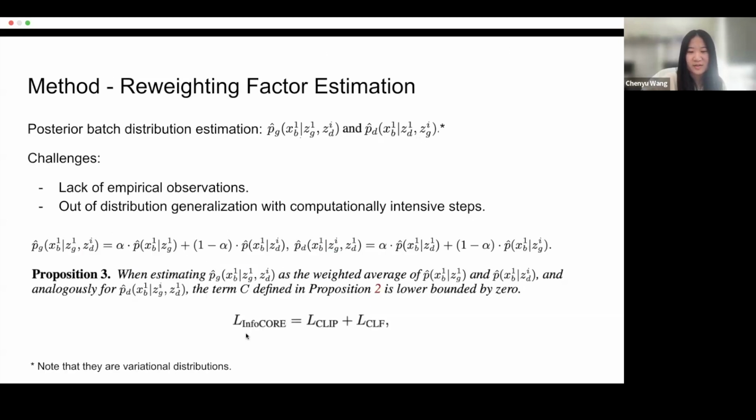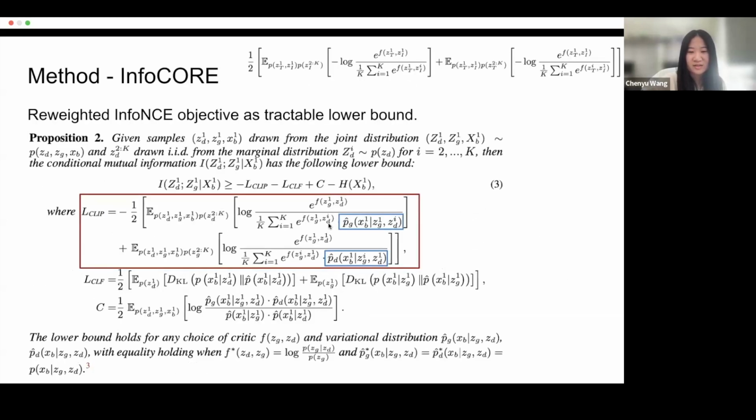So our final loss is the reweighted clip loss together with the classification loss to train the classifier.